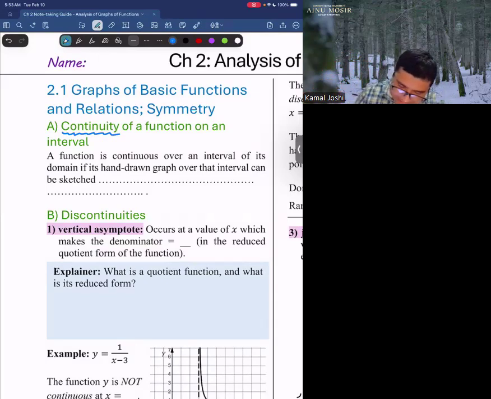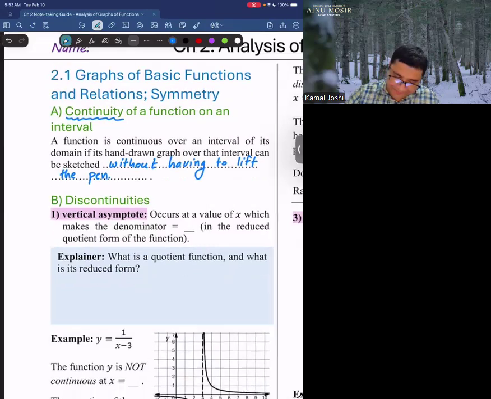So the definition here: a function is continuous over an interval of its domain if its hand-drawn graph over that interval can be sketched without having to lift the pen. You can draw it continuously.